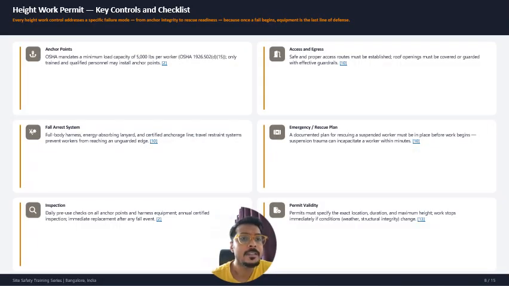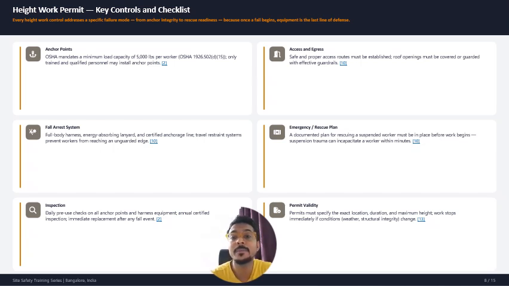Next is the work at height permit, the key control checklist. Anchor point: OSHA requires a load capacity of more than 5,000 lbs, and only trained personnel should do that. Access and egress: a safe and proper access route must be established.